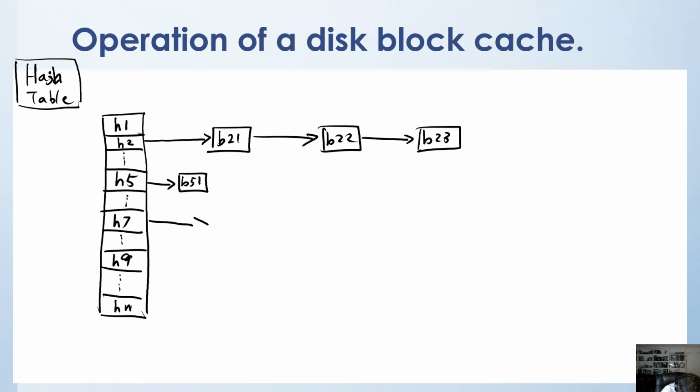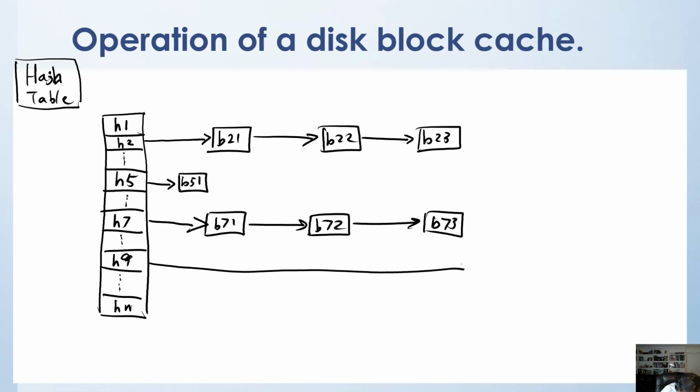And then we have B71, B72, and B73. There's only one block with hash value H9, so that's B91. Now, in addition, all blocks reside on one of several other lists. So one of the lists is called the locked list.